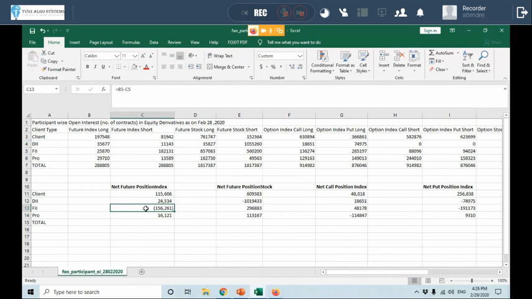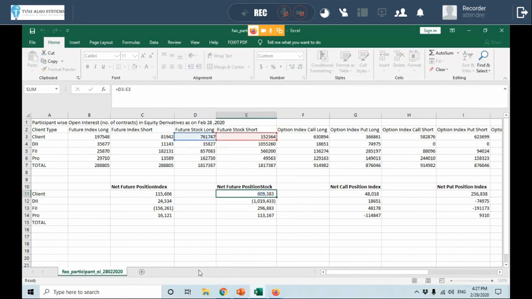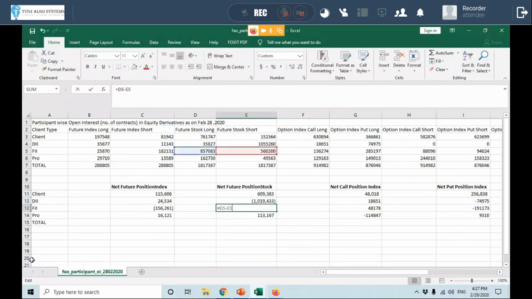FII is negative, right? Let's look at stock. Reflecting the trading volume. Look at the DII, look at the amount of short they have. FII is hardly bullish. Pro is negative.